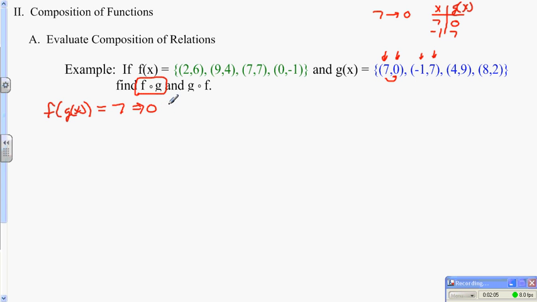And then we go to the f function and say if the f function started with a 0, it would change it into a -1. So for the composite, if you start with a 7 and go into the g of x function and then go into the f of x function, you'll end up with a -1.